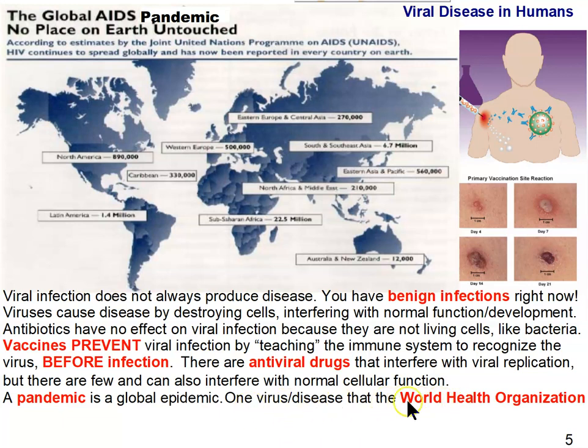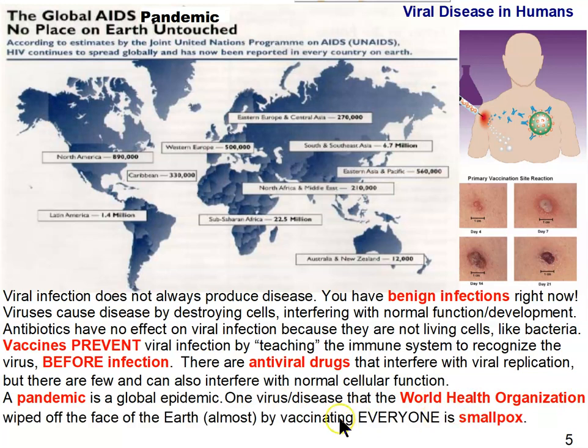One virus or disease that the World Health Organization pretty much wiped off the face of the earth is smallpox. And so this diagram is showing smallpox vaccination. It was just an injection that caused a sore to develop on the skin and left a scar.